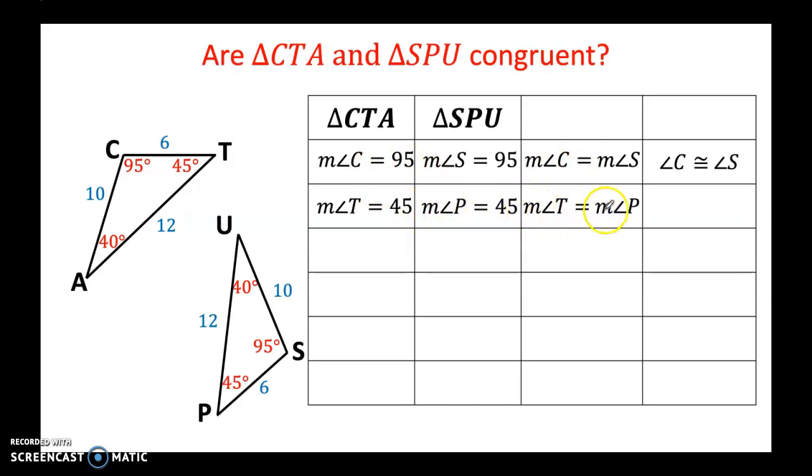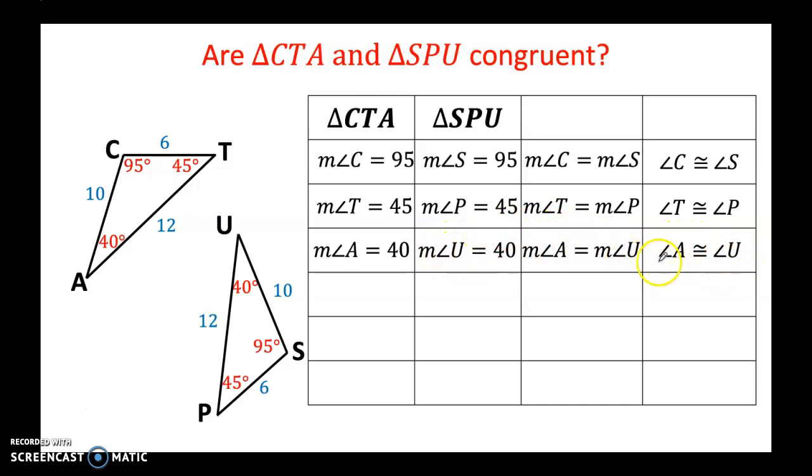And since they are equal, we can say that angle T is congruent to angle P. Next, angle A is equal to 40 and angle U is equal to 40. So we can say that the measure of angle A is equal to the measure of angle U because they are equal to 40. Therefore, the two angles are congruent.